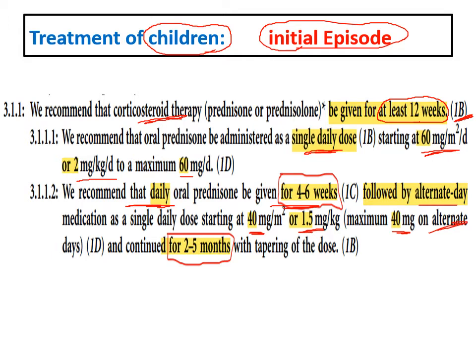For how long? For 2 to 5 months. So we start with daily steroids for 4 to 6 weeks, followed by alternate day steroids for 2 to 5 months with tapering of the dose.